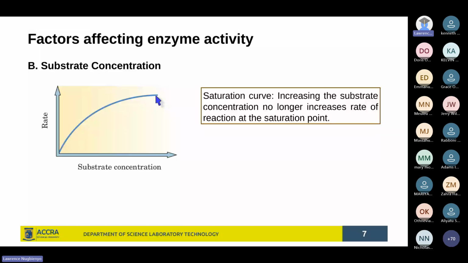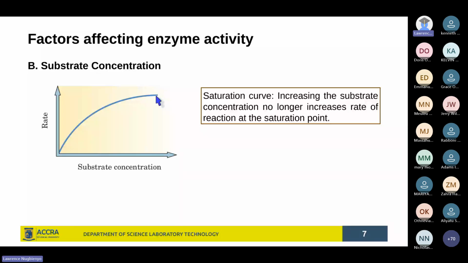In that case, the rate of the reaction becomes constant. Whatever increase of substrate you do, that will not result into an increase in the rate of the reaction. That saturation point that you reach, that the rate of the reaction becomes constant, we refer to as a steady state.